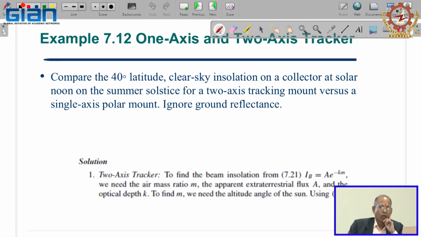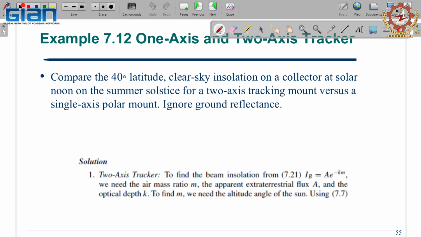Now this example tries to explain, if you have a single axis tracking system, or the two axis tracking system, even the fixed mounting, how much additional insolation level you can get using the tracking system.